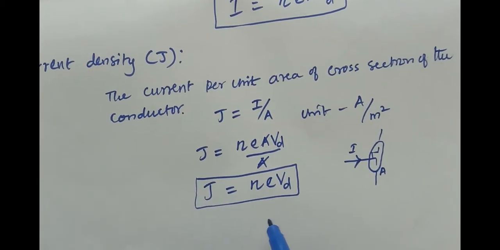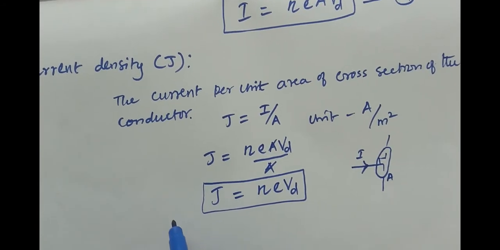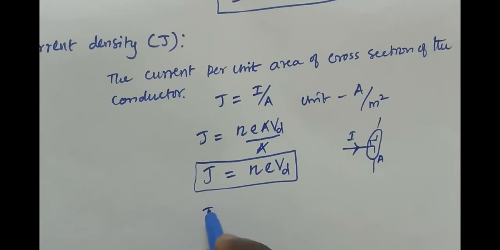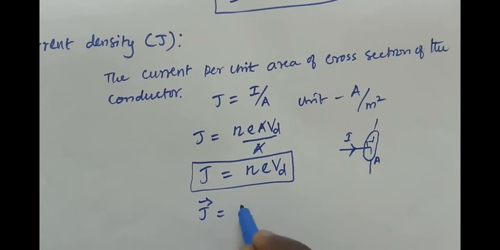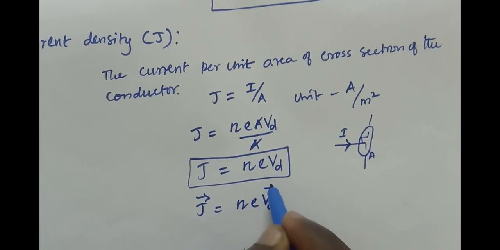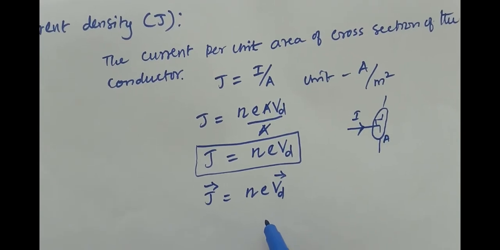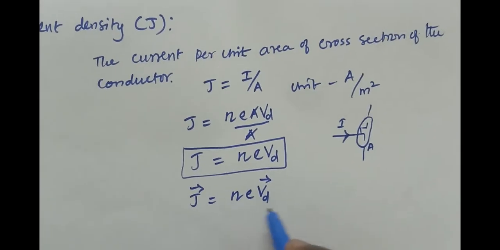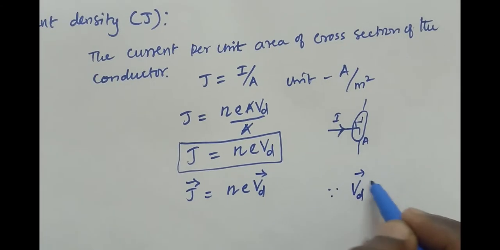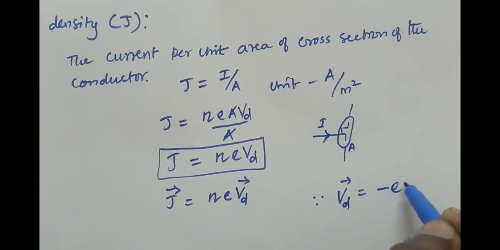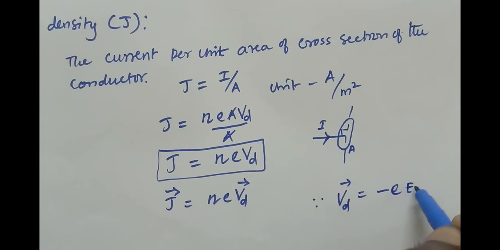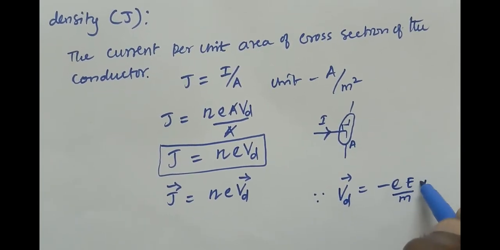Okay. In general, current density is a vector quantity. So write it in vector form. J vector is equal to n e vd vector. From this, we already know that drift velocity is equal to minus e E divided by m into tau.